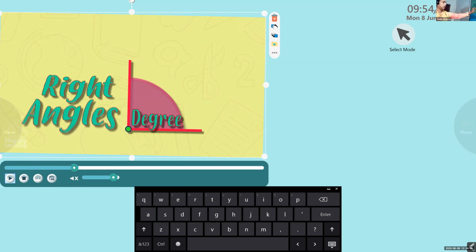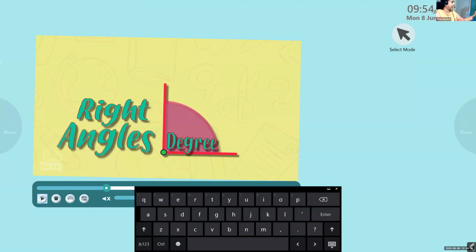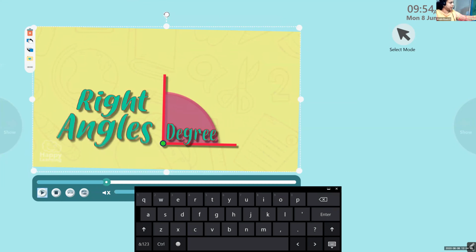Children, the baseline and the final ray, the turn, how much angle we have to measure inside, and we will start from 0. We will look at the protractor carefully and see where the 0 is starting.